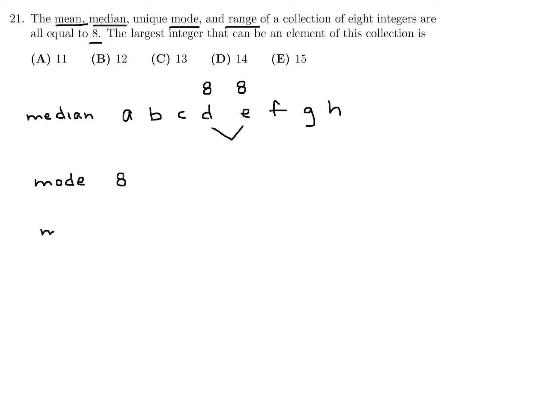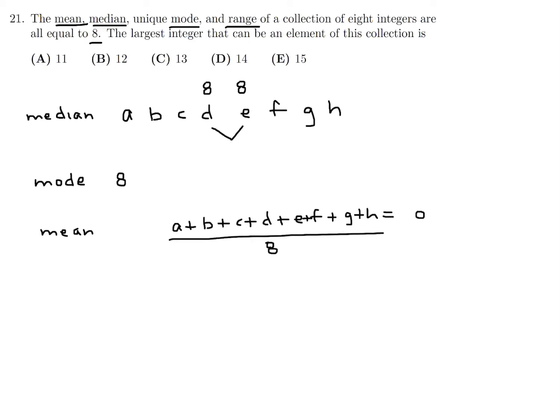But how about the mean? The mean is something that I hope will help us. A plus B plus C, all the way up to H, is equal to, if you take the mean, 8, like that. So the sum of A plus B plus C plus D, and so on, will be equal to 64, like that.